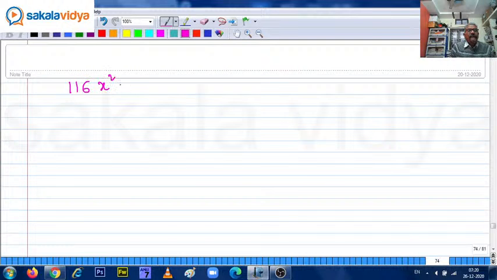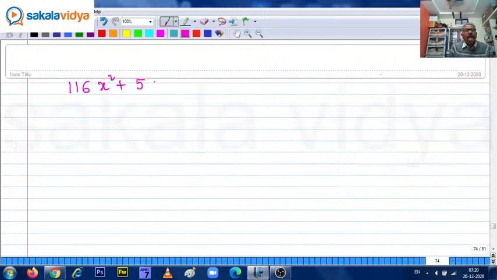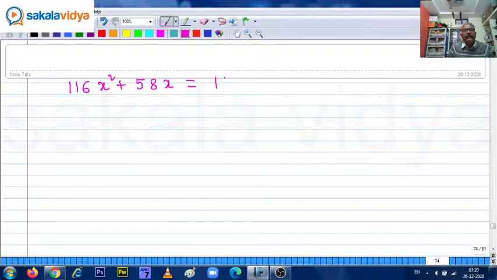So we have like this: 116x square plus 58x equals 105x square plus 84x plus 21.